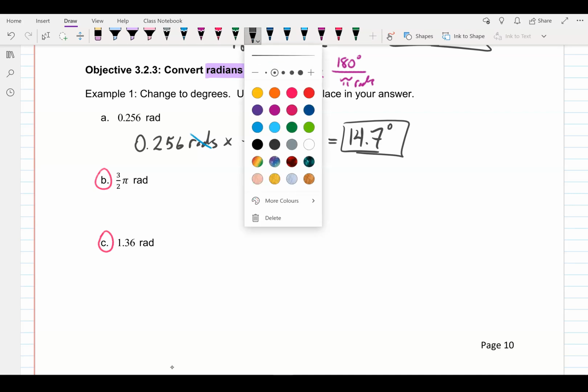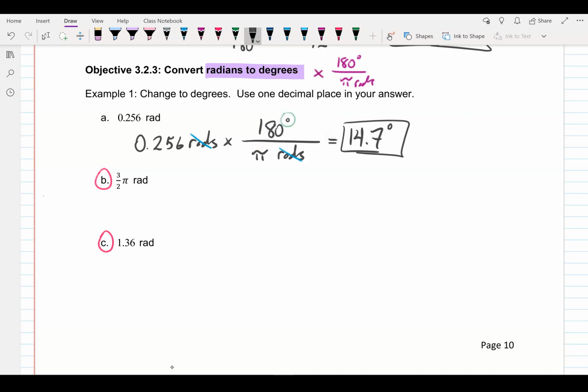The first thing I'll do in this case is note that 3 over 2 is 1.5. That's pretty important, it'll make our lives a little easier. So we have 1.5 pi radians times pi radians over 180 degrees.